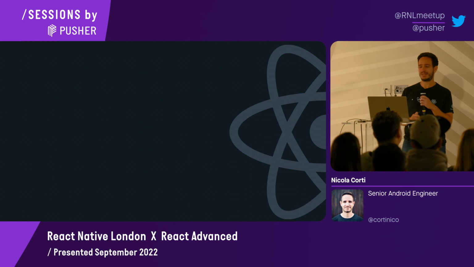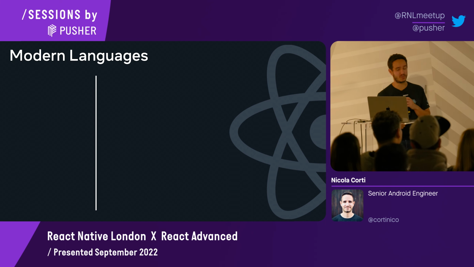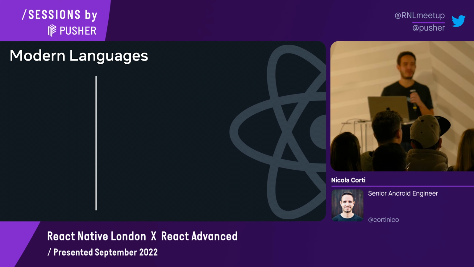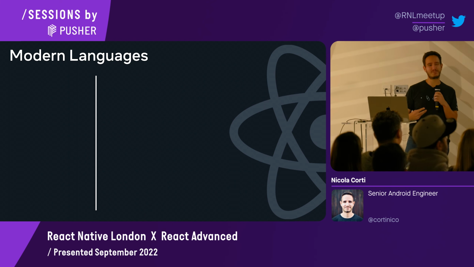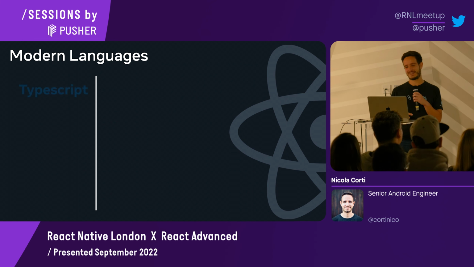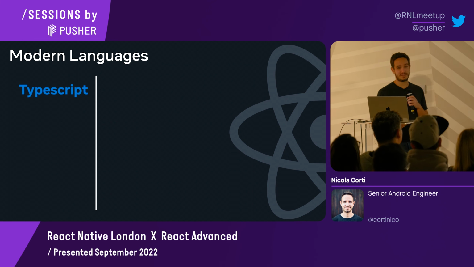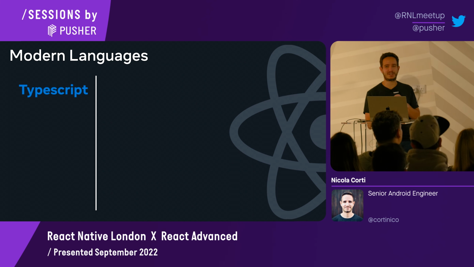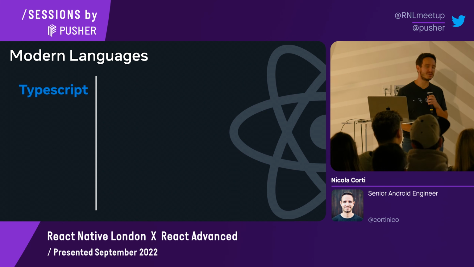I also want to talk a bit about modern languages, which is a topic which is often asked. And again, being spread across different layers, we have modern programming languages on different layers. Again, on web, TypeScript. When we released the first iteration of the new architecture documentation, the number one comment, the most upvoted one we received is, I don't want to use Flow to write my spec file, which I totally understand.